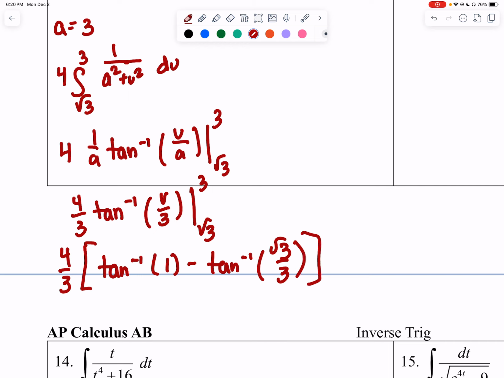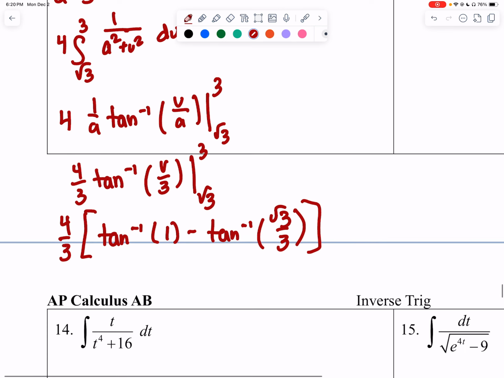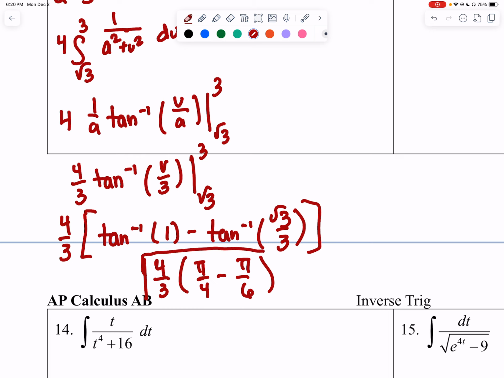Now, depending on if this is an FRQ or MCQ, I'm going to go ahead and simplify this fully. We know that inverse tangent of 1 is going to be pi over 4. And then the inverse tangent of root 3 over 3 is going to be pi over 6. So our numerical answer would be this lovely thing right here.